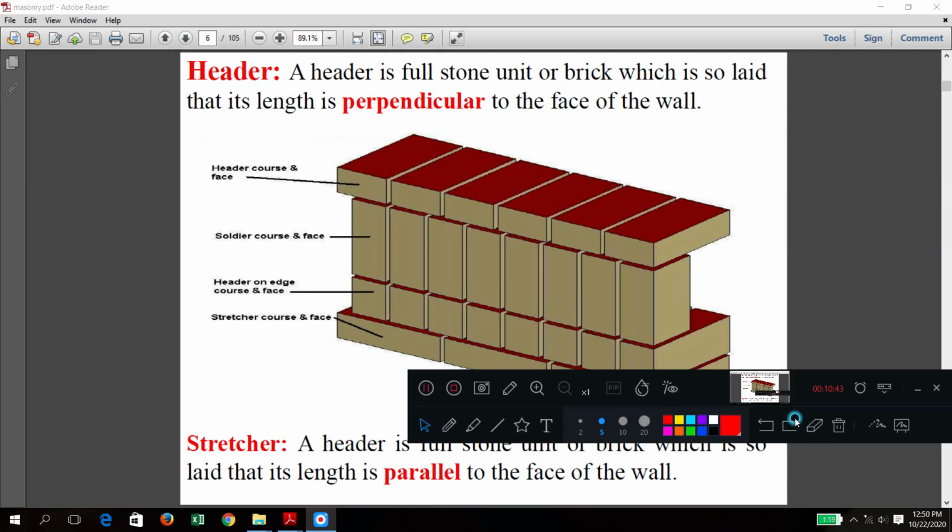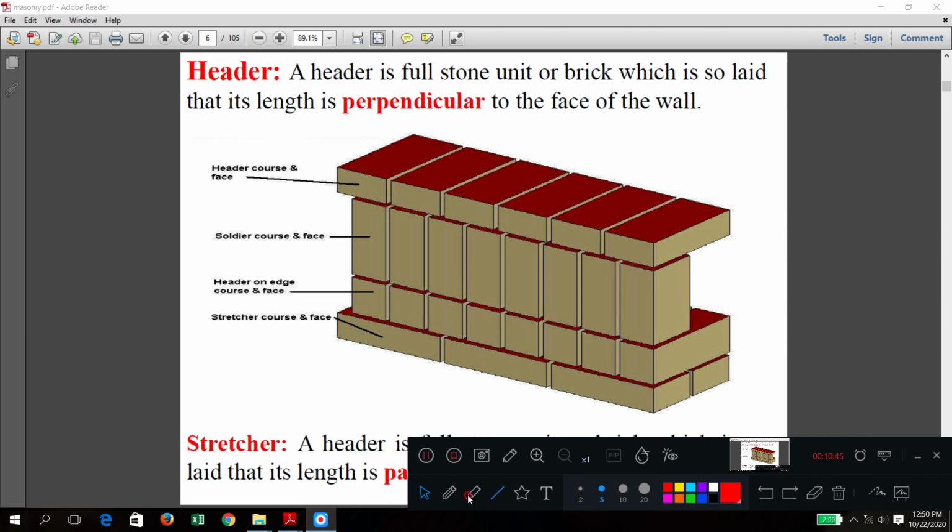Now you can see in this one, a typical arrangement is made here. What do you mean by header? See this diagram, this unit only, this portion only. A header is a full stone unit or brick which is laid such that its length is perpendicular to the face of the wall. This is the face of the wall.